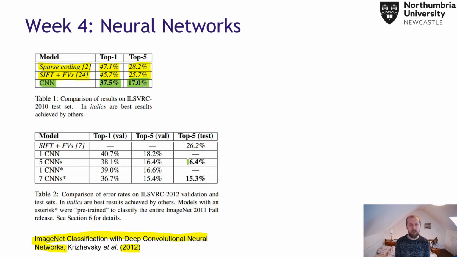On the test sets, they perform pretty much 10% better compared with the SIFT and Fisher vectors. This star just means they used a bit of additional training data, so it's a slightly different result, this 15.3%, which is outside the scope of the competition. But it just shows that you can improve it even further with these deep CNNs.